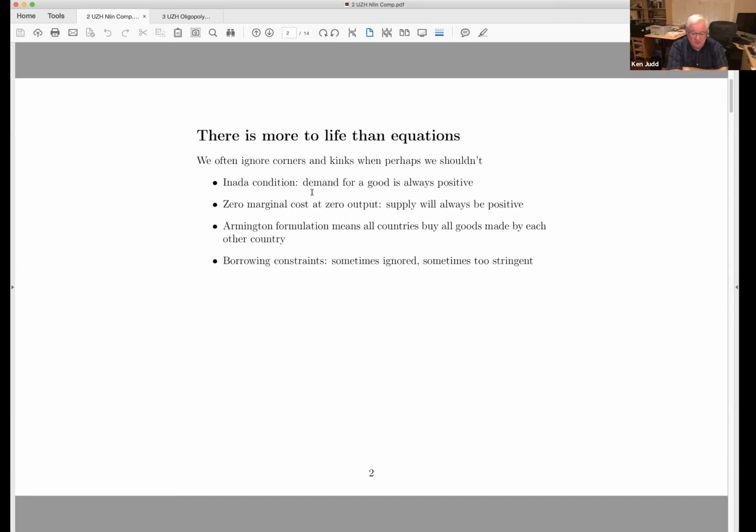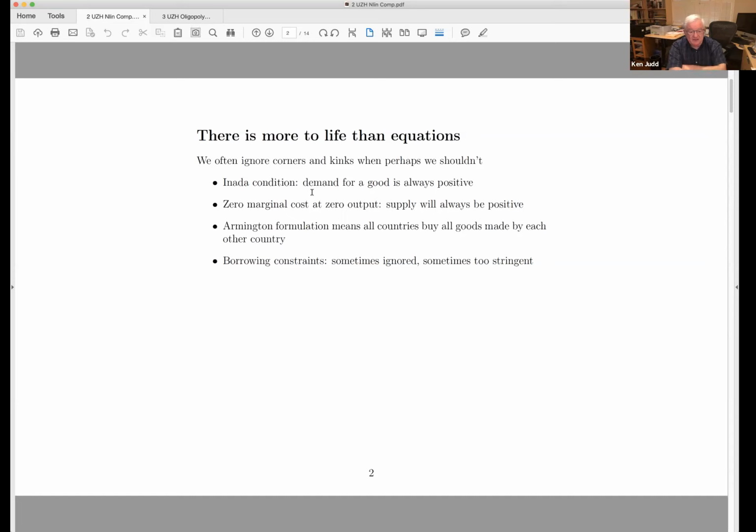And also, we always make sure that in an IO model a firm has zero marginal cost at zero output, so that they will always provide something as long as the price is not zero. Now, in international trade, there's the Armington formulation of demand, which basically assumes that all countries buy every good made by each other country.